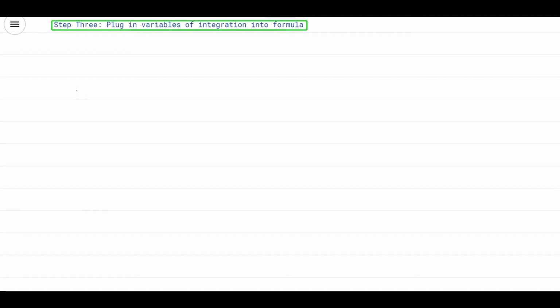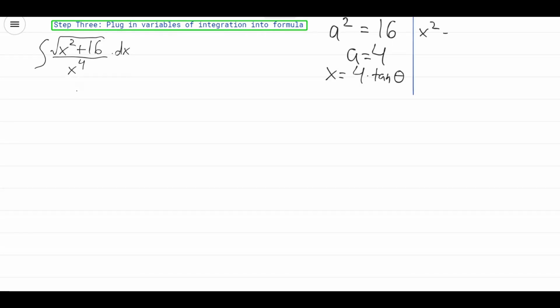What we're going to do is plug the variables of integration into the formula. Keep in mind that our original formula is (x squared plus 16) over x to the fourth power times dx, and all the variables of integration that we came up with are right here: a squared, a, and so on.